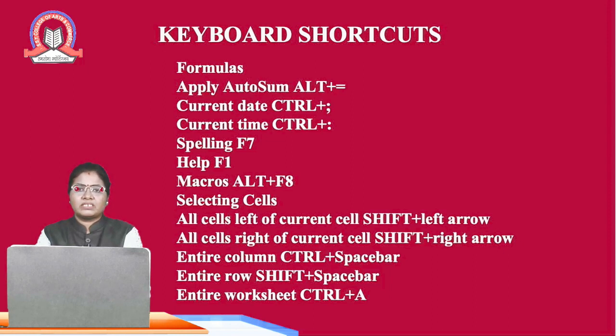Macros use Alt F8. Selecting cells: to select all cells left of the current cell, Shift plus left arrow; all cells right of the current cell, Shift plus right arrow; entire column selection is Ctrl plus space bar, entire row Shift plus space bar, entire worksheet is Ctrl plus A.